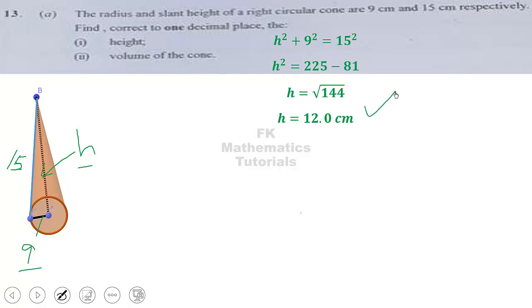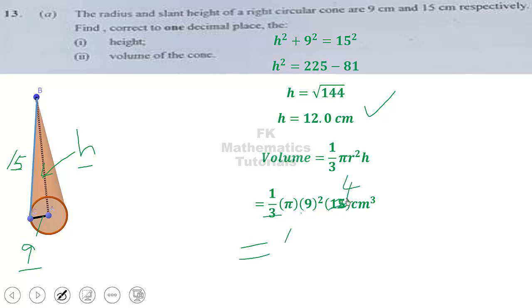Now we want to calculate the volume. Volume is given by 1/3 pi r squared h. So this will be 1/3 pi, the radius is 9, so radius squared, times height. So the h is 12, not 15. So 3 will go here, 1, 3 will go here, 4. That will be 4 times 81 pi.